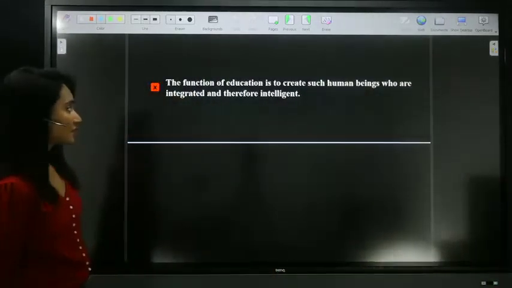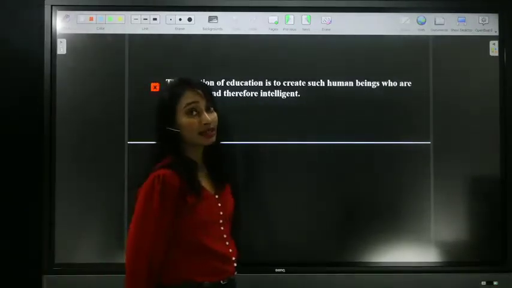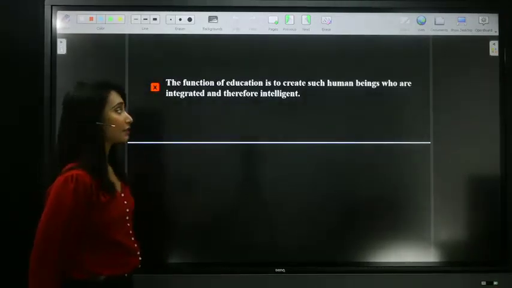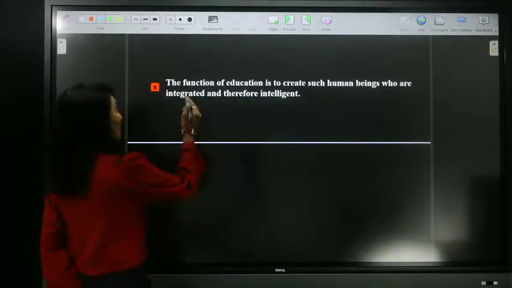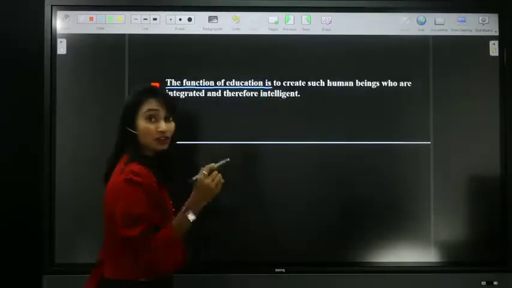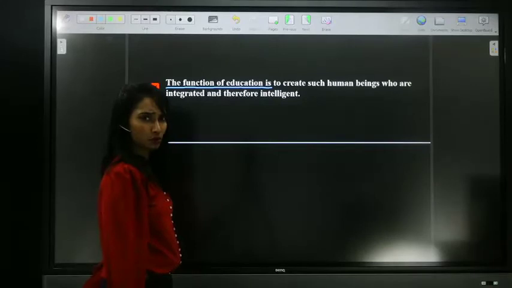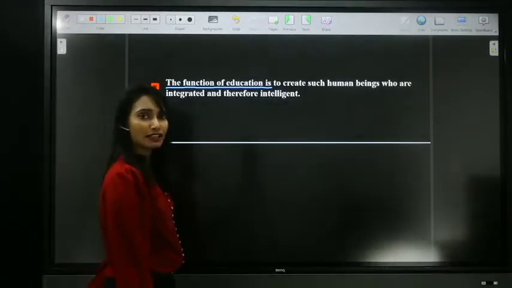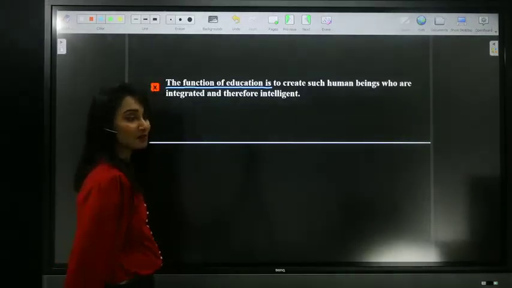Yes, the function of education is to create such human beings who are integrated and therefore intelligent. Try to divide the sentence, identify subject, verb, object, and try to learn what is the error. I'll give you a clue if you want. The error is with the usage of pronoun. So identify the pronoun.